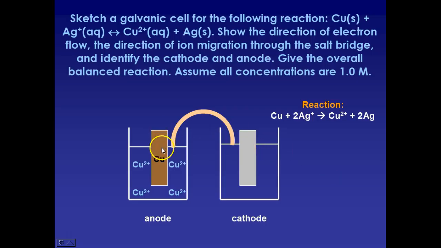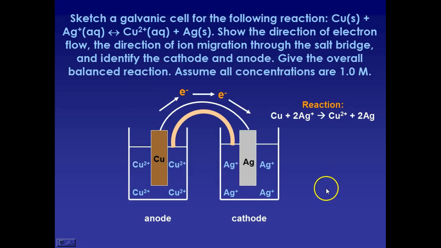The copper metal was in the copper solution. The silver metal was in the silver solution. Electrons moved from the anode to the cathode, and I can use the half voltages of both of these cells, the reduction potential of copper and the reduction potential of silver, to calculate what the voltage change should have been.